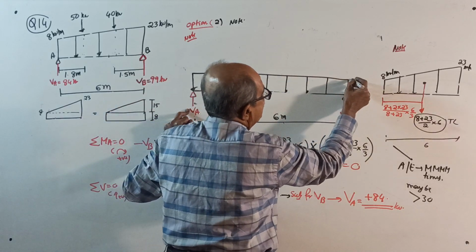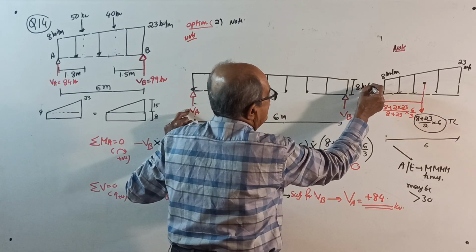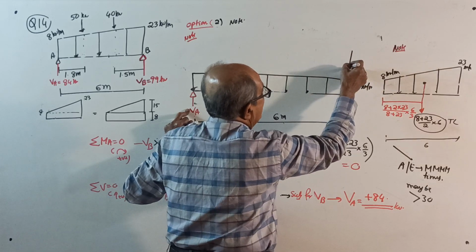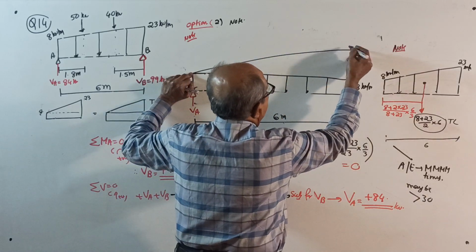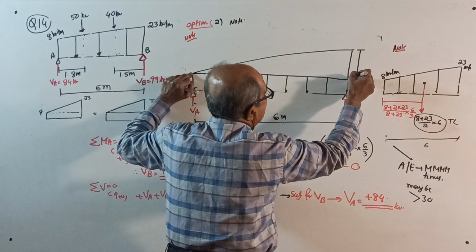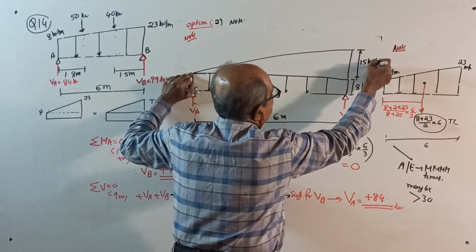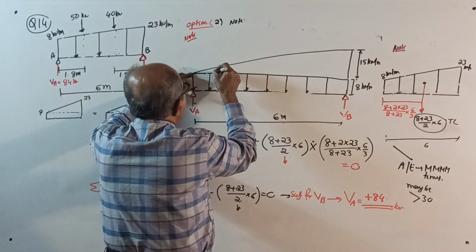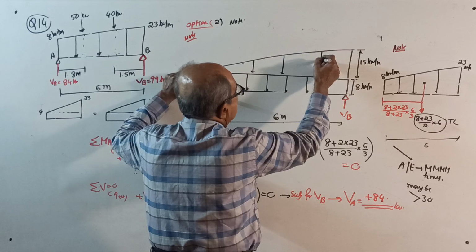This is somewhere here, right? 8 kilonewton per meter. Over that one triangle. This is 15 kilonewton per meter, and stagger the arrow marks. Slightly stagger it so that you can make out the two separated.